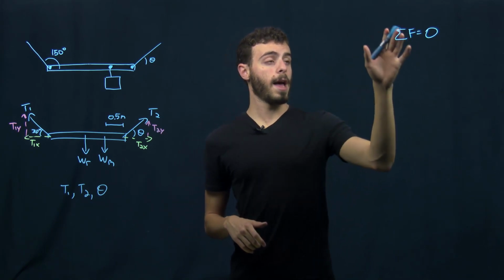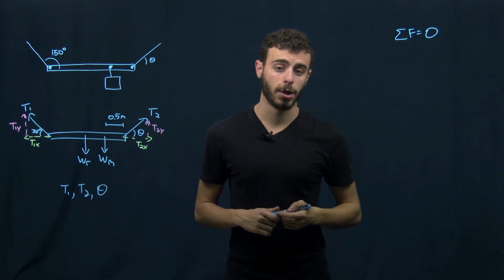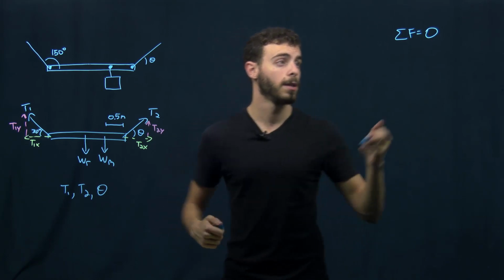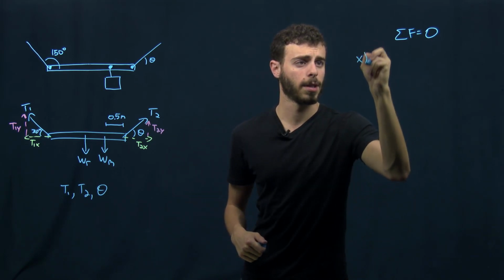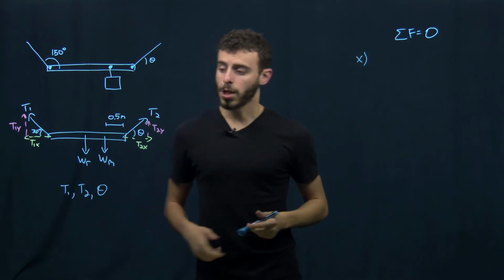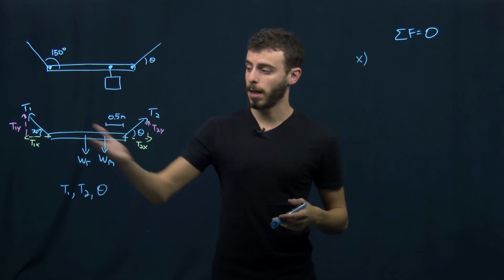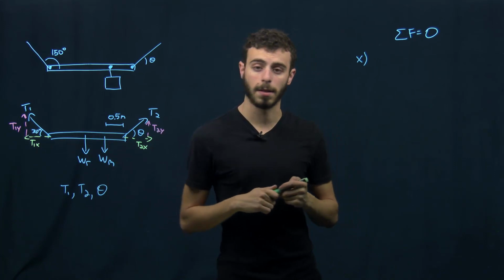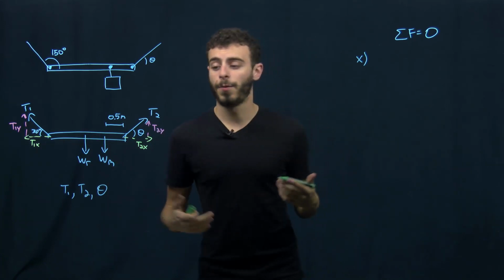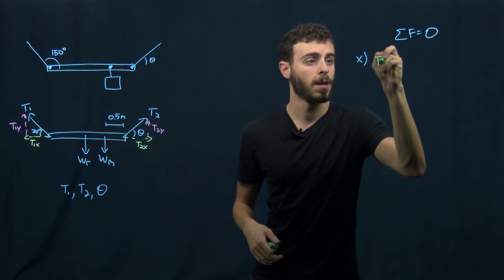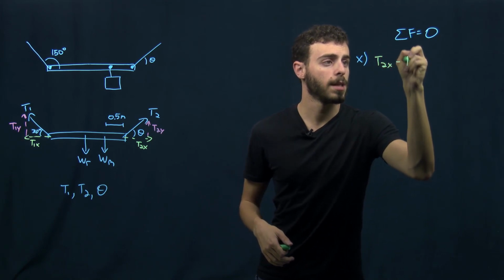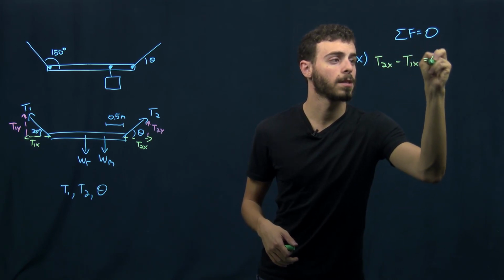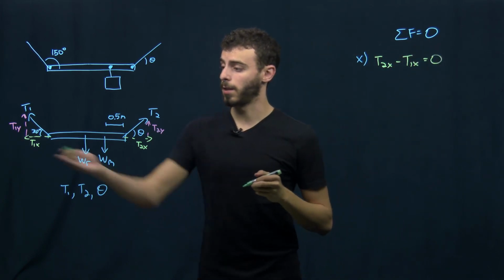So we're going to go ahead and break up this sum of the forces into the x and the y direction. So of course our first step, let's go ahead and look at the x. So we see here the only forces acting in the x direction are going to be these forces here, the T2x and T1x. And so if we say the right is positive, we've done this a couple times, this gives us T2x minus T1x is equal to 0.